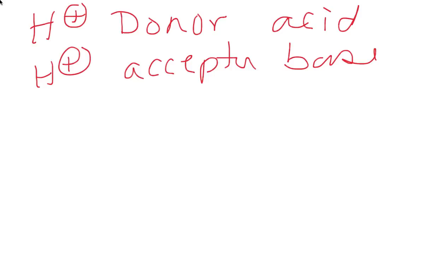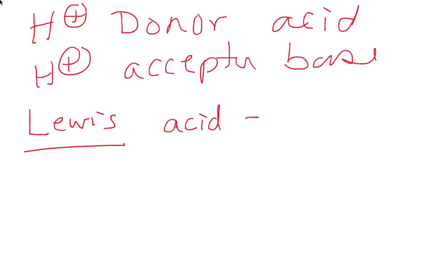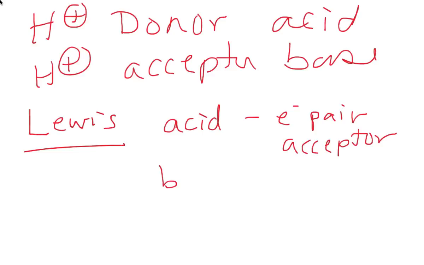I know the Bronsted definition, but what about the Lewis definition? What's the Lewis acid and base definition? Yeah, a Lewis acid is an electron pair acceptor, and a Lewis base is an electron pair donor.